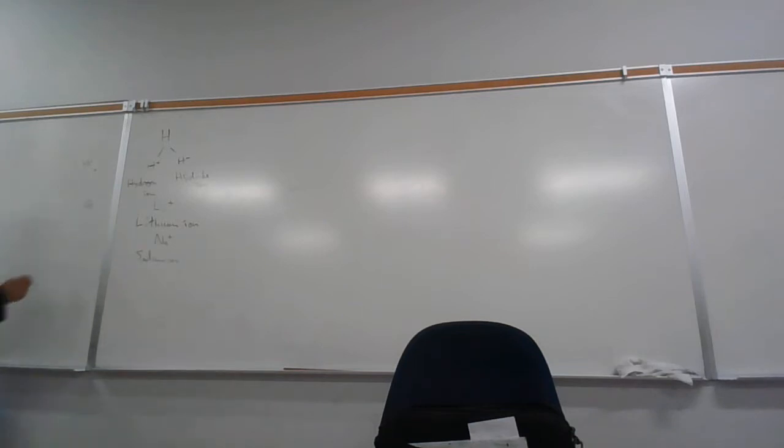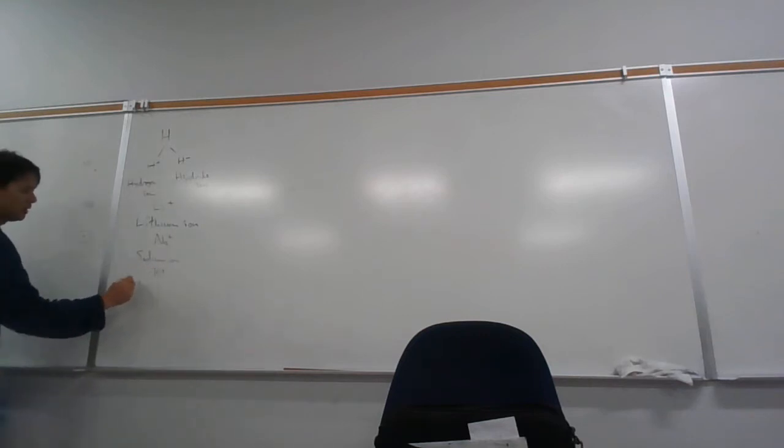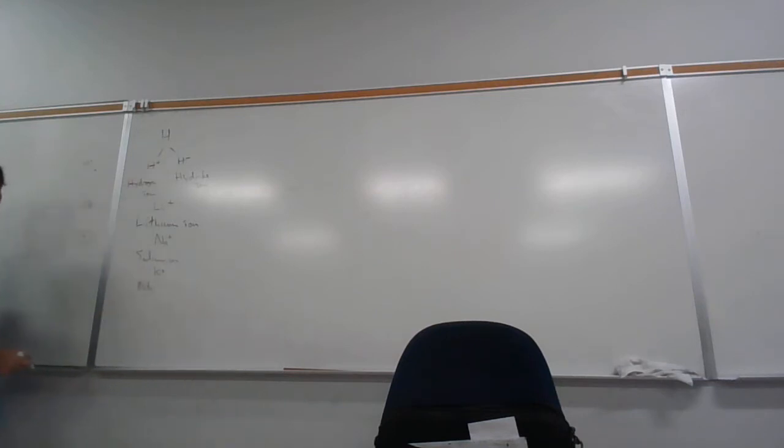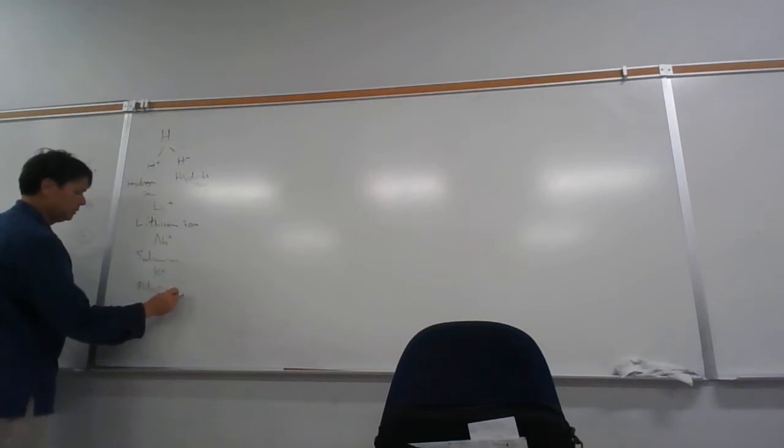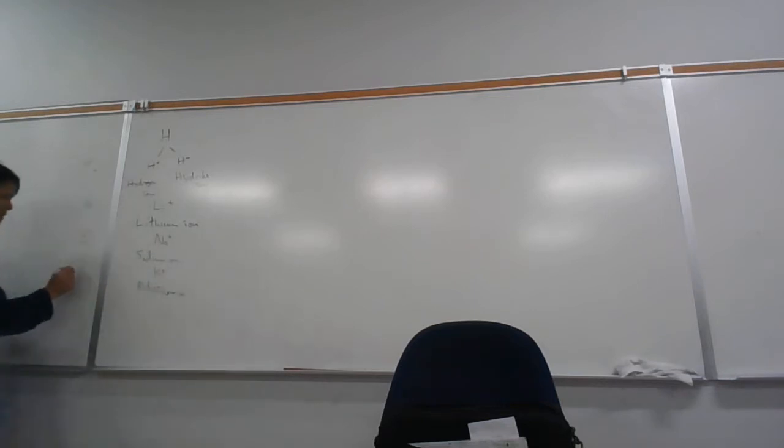Bigger, yeah. And then from sodium we would go to potassium, and so we'd have potassium ion. Potassium ion is 1T or 2T? 1T. How many S's? 2. Potassium ion. It's even bigger.